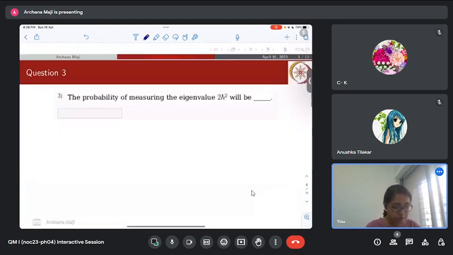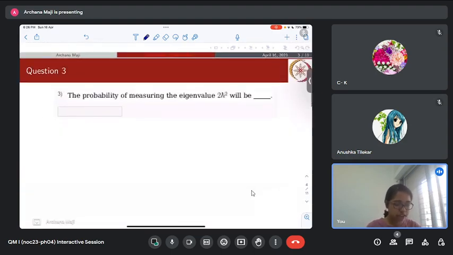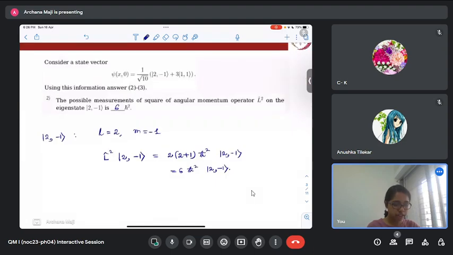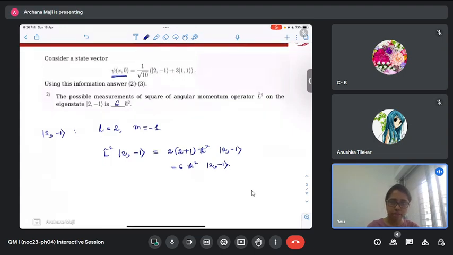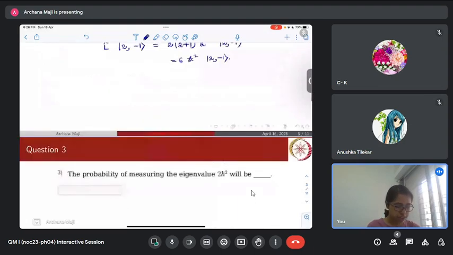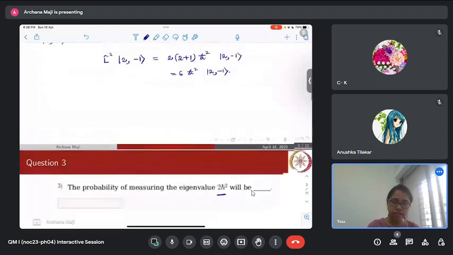What is the probability of measuring eigenvalue 2h cross square? If you measure L square on this state, what is the probability of measuring 2h cross square? Can you write or unmute yourself and let me know what the probability of measuring eigenvalue 2h cross square is?